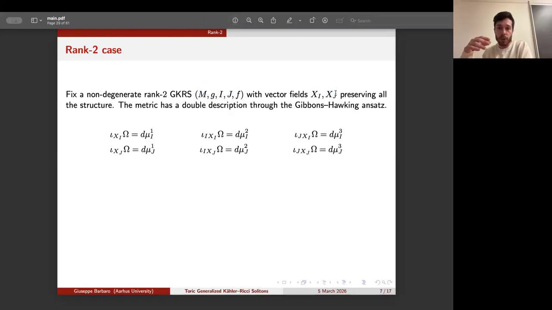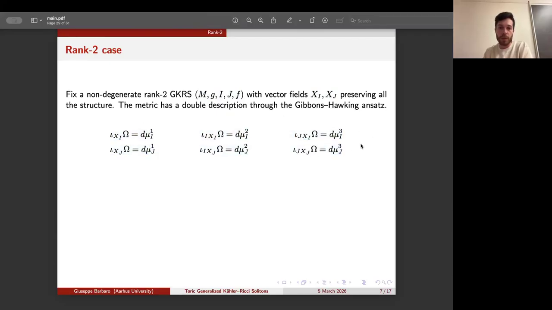As I said, we can do this Gibbons-Hawking ansatz twice, with respect to omega, omega I, and omega J.